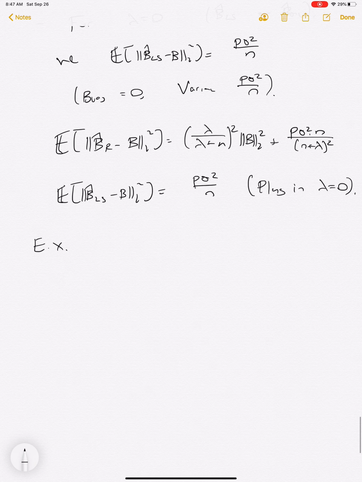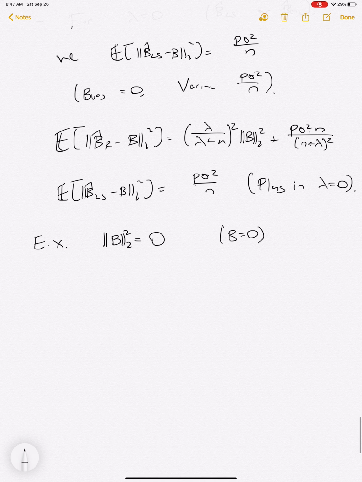So let's say that we have this extreme case where norm of b squared is equal to 0, so b equals 0, and lambda is equal to n.